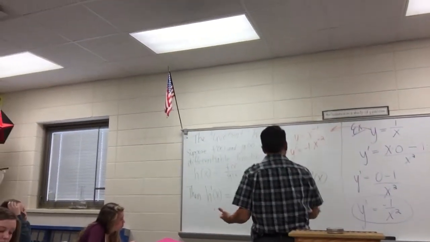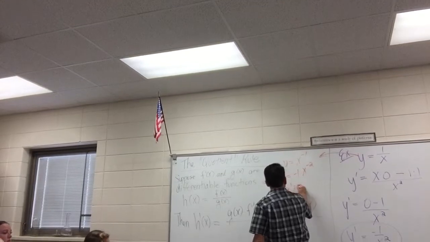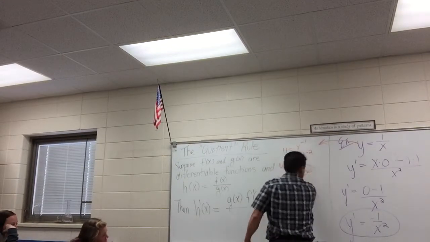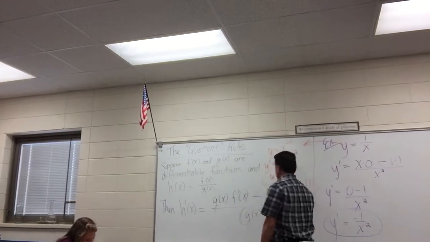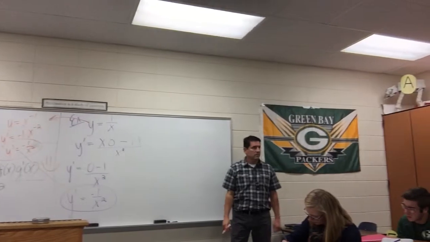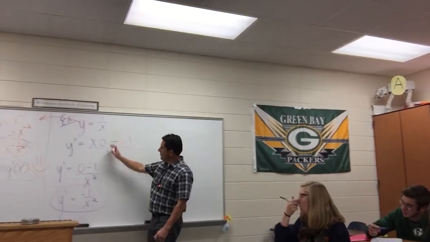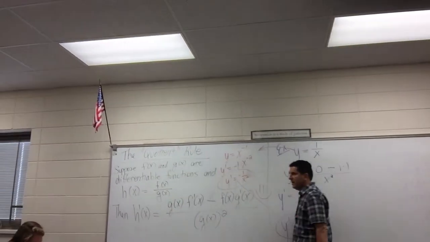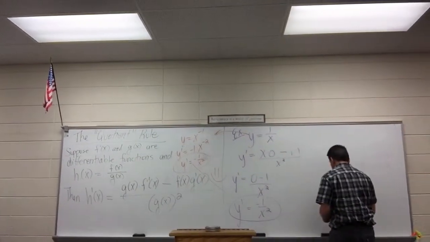Clean it up. y prime equals negative 1 over x squared. Same thing. We're good. I do a simple one like this to make sure you see that this actually does work.